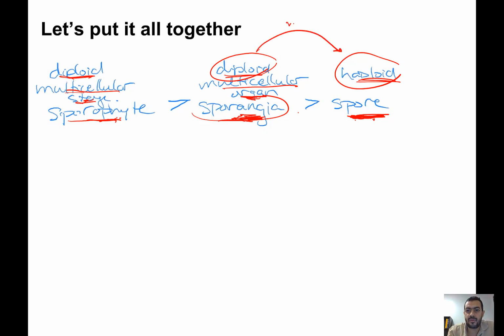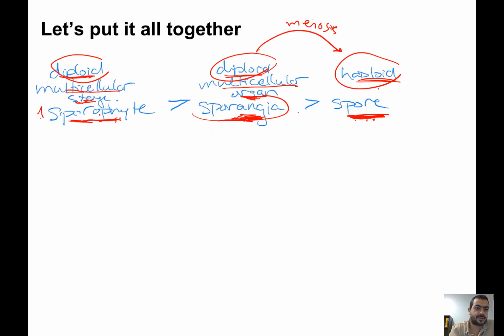This happens through meiosis, which reduces the number of chromosomes. If you don't remember that, please go back to the figure and you'll find that sporophytes are diploid and they produce the spores, which are haploid, and this is due to the reduction of the number of chromosomes by meiosis.